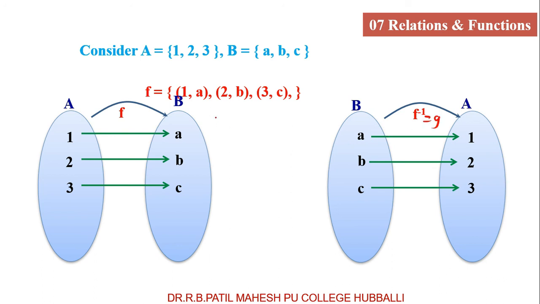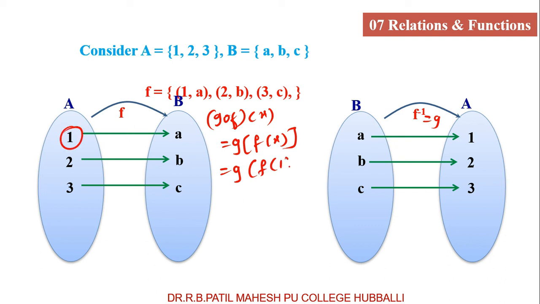So let us start writing g composition f of x is equal to g of f of x. In place of x I will take 1. So f of 1. So g of, what is f of 1? a. What will be g of a? g is here, a is here. g of a is 1.